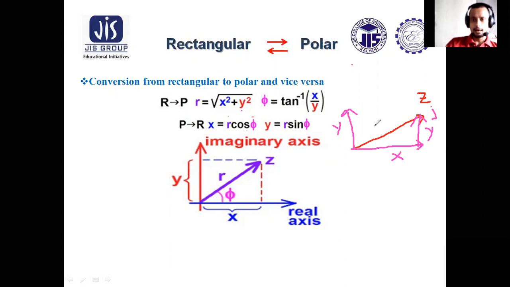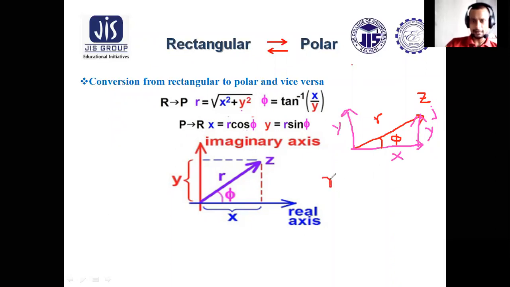Now, if the magnitude of this Z phasor is R, and this Z phasor is making an angle of phi with the reference axis.